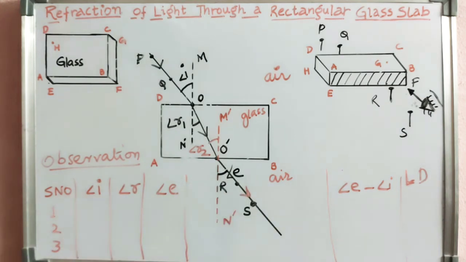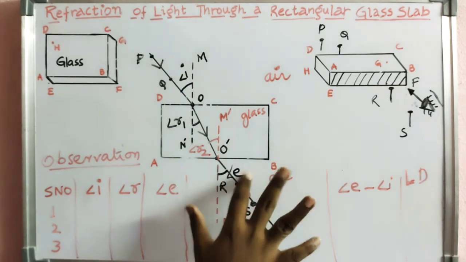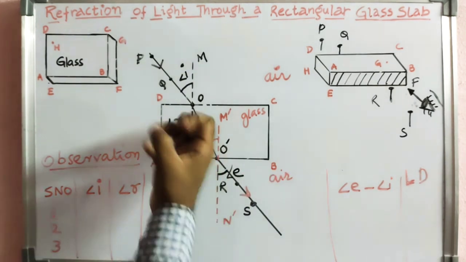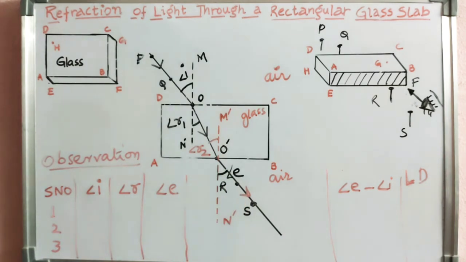So this angle is called the angle of emergence, and it is represented by angle E. When the light goes into the glass slab and comes out, it is emerging away from the glass slab, so I call that angle the angle of emergence, so that you will not face any confusion. Clear? It is emerging out, coming out of the glass slab.